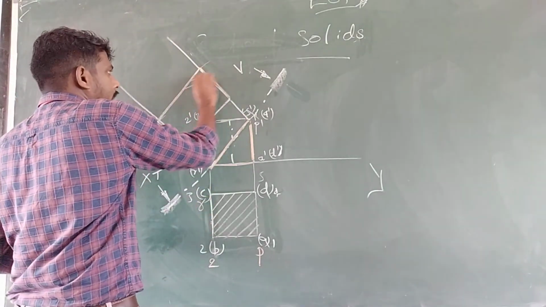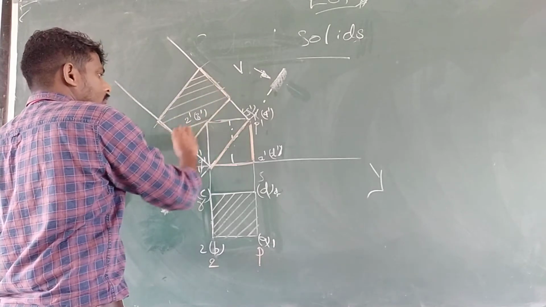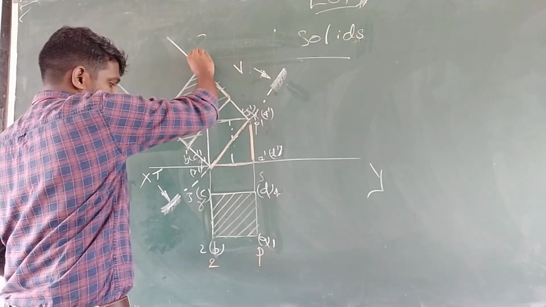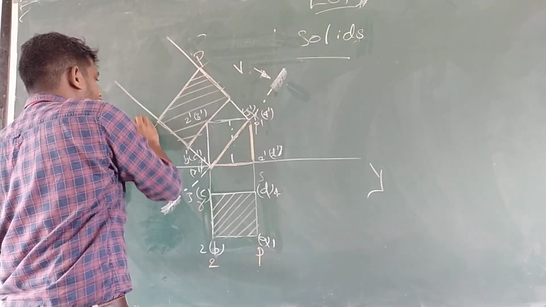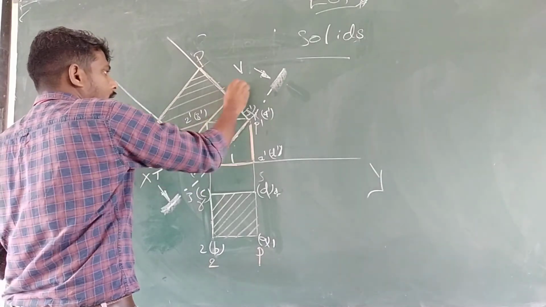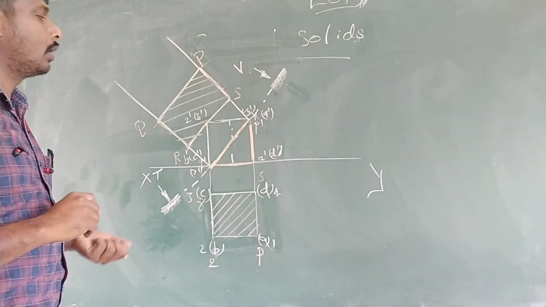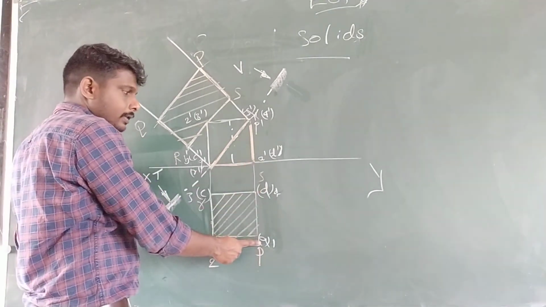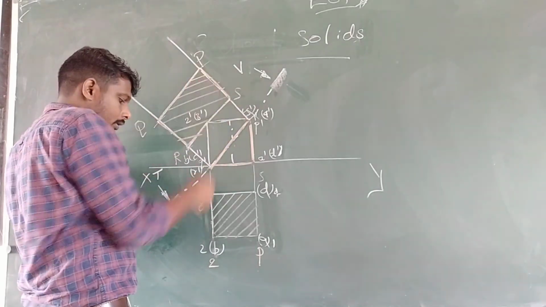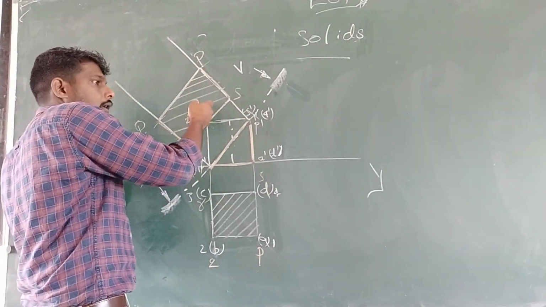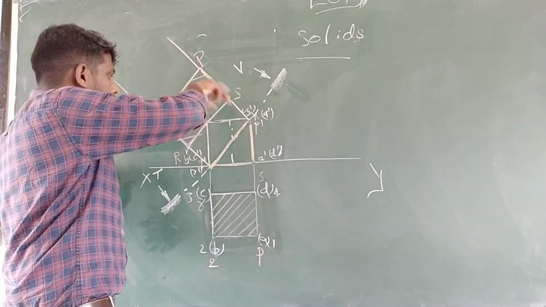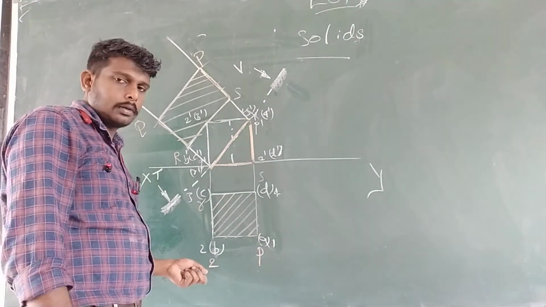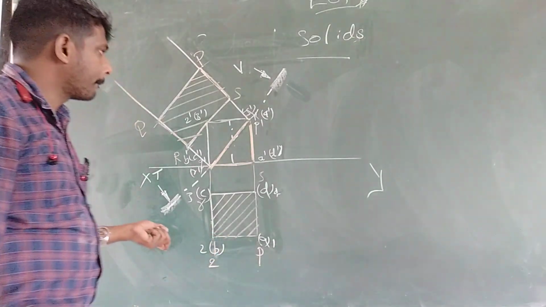Then hatch it and name this P, and Q, R and S. Naming should be done carefully because P is the longest distance. So here P should be here. Here Q, R and S. The annotation will come in anti-clockwise direction. Then complete the figure.